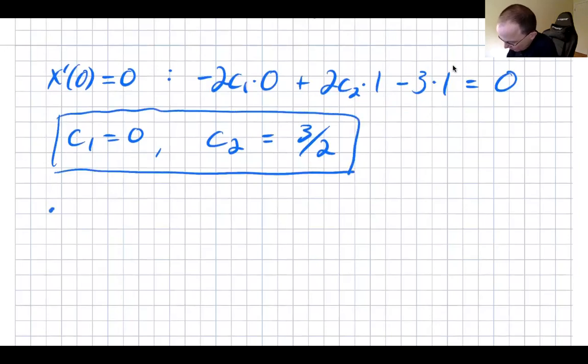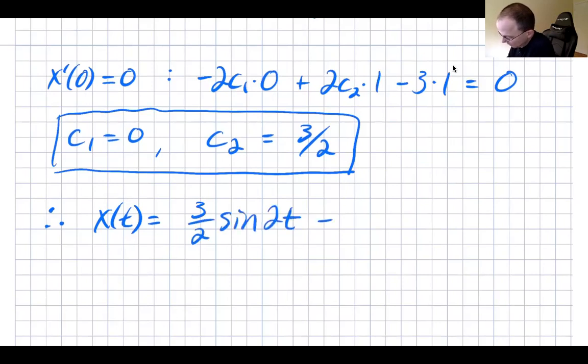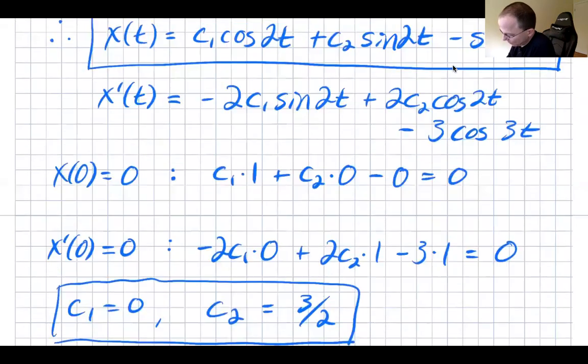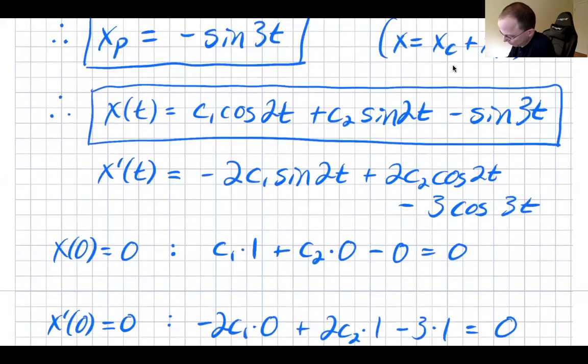And so therefore, what do we get? We have x of t is equal to 3 over 2 sine 2t minus, and I already forget what that term was. Oh, it's just minus sine 3t.